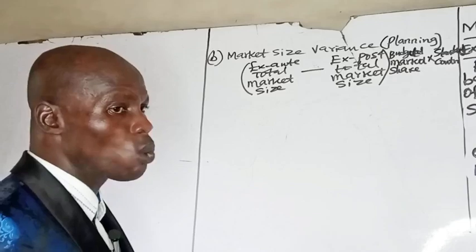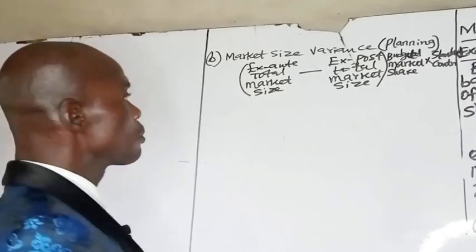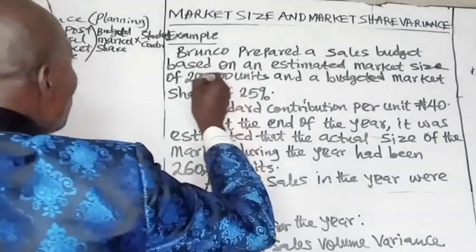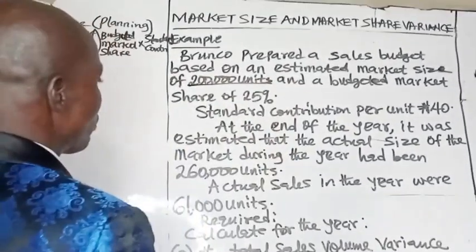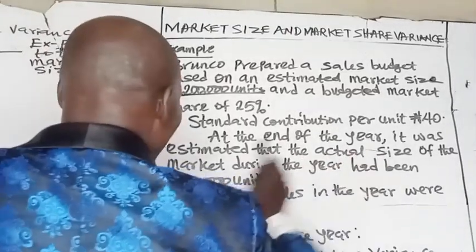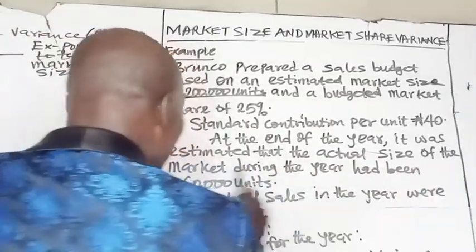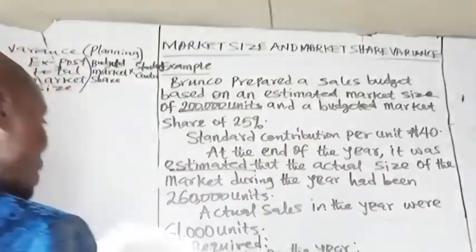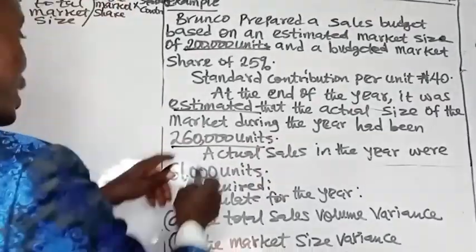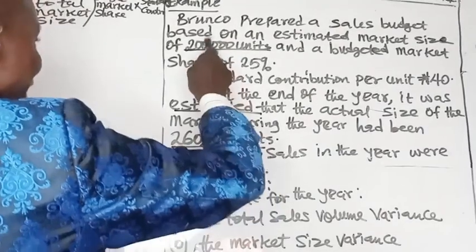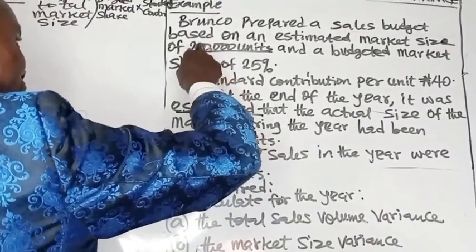Back to the question. Now, the ex-ante market size is 200,000 units. Then at the end of the year, it was estimated that the actual size of the market during the year had been 260,000. Estimate is not yet the actual. This is still budget. So it shows that this is the ex-ante, which is the initial target.